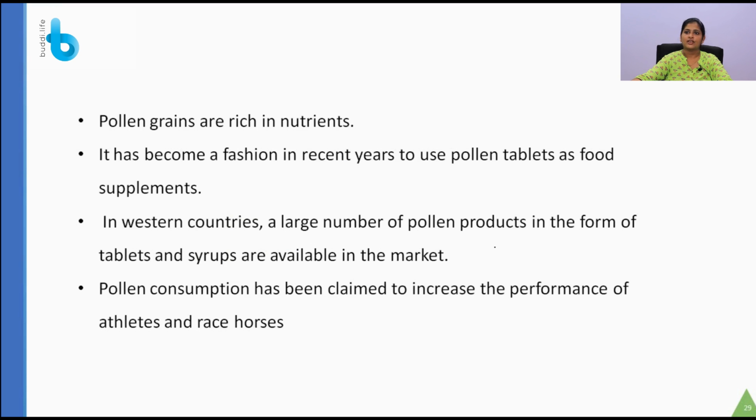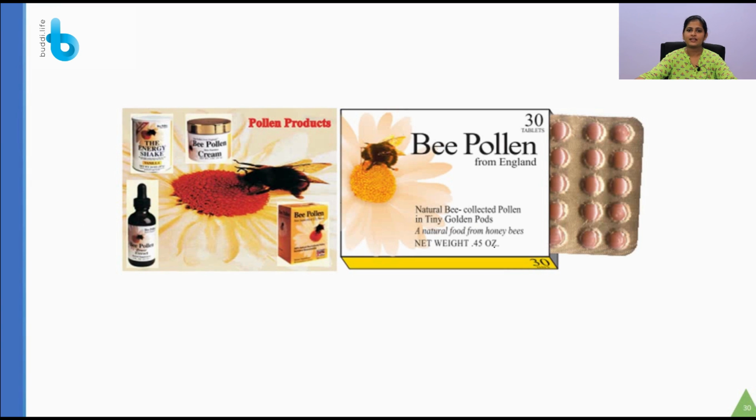It is now a fashion in recent years that pollen tablets are used as food supplements, majorly in Western countries. They are also found to increase the performance of athletes and race horses. When you give this tablet regularly to athletes and race horses, it is said to increase their performance. These are some pollen tablets which are taken as supplements.